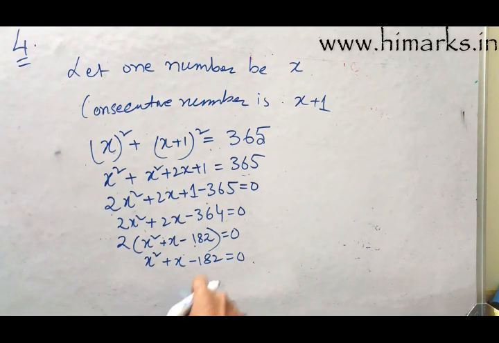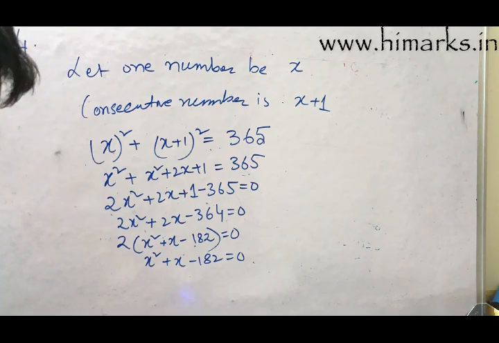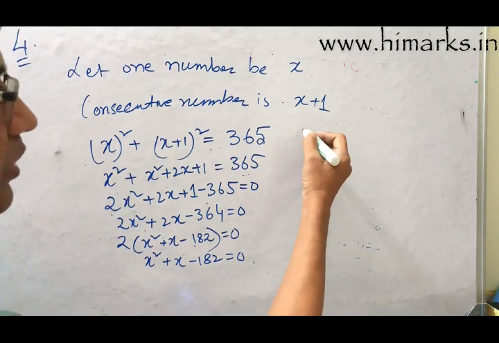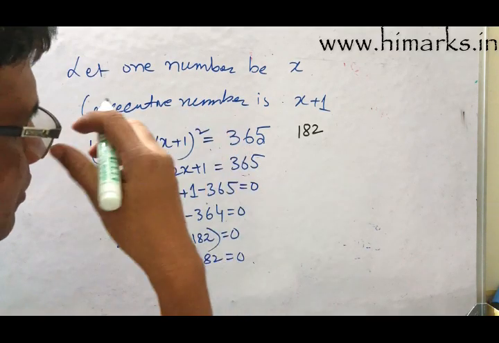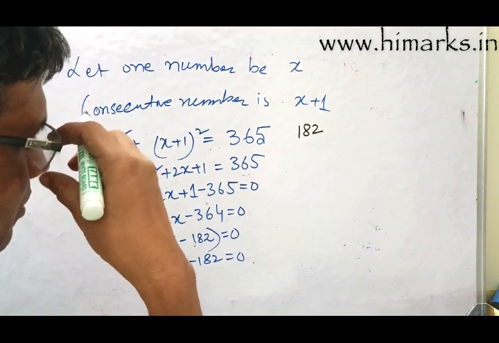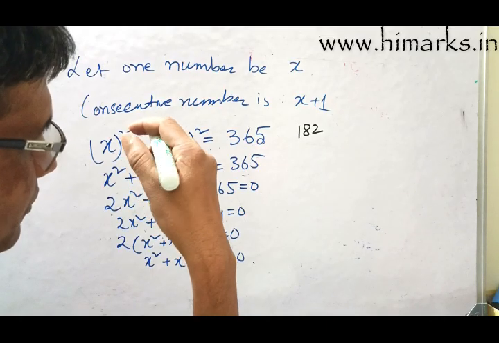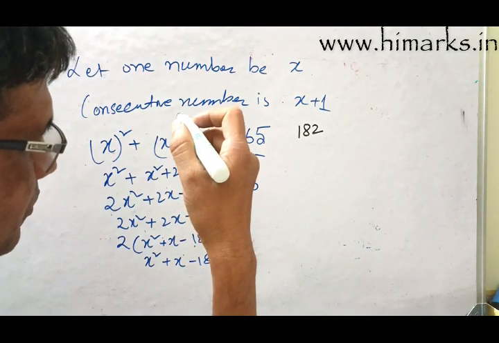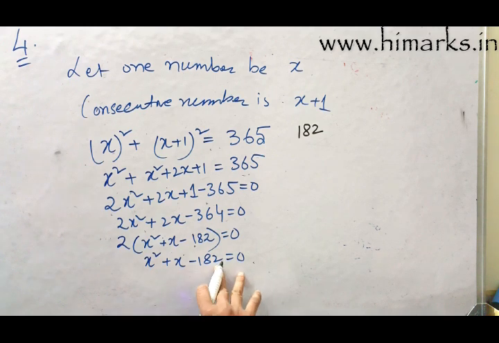Okay, so now this 182 has to give, again we will follow that. Of course, this is the middle term factor.